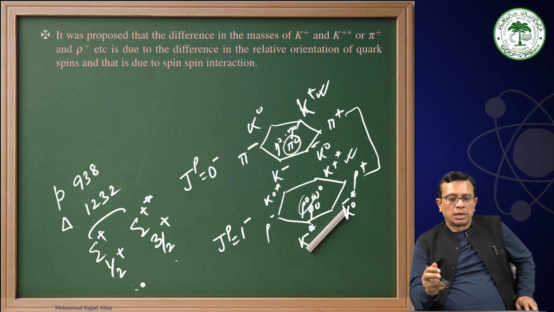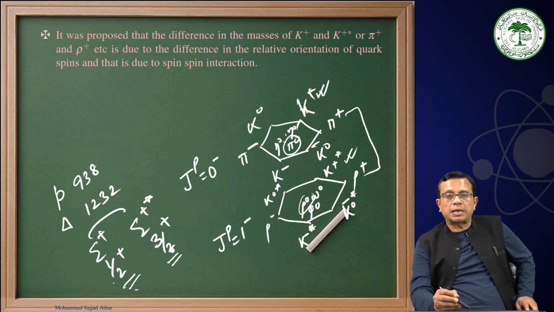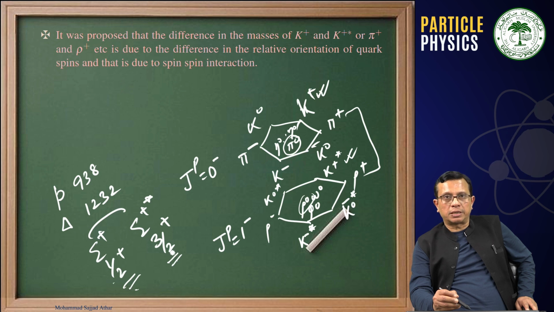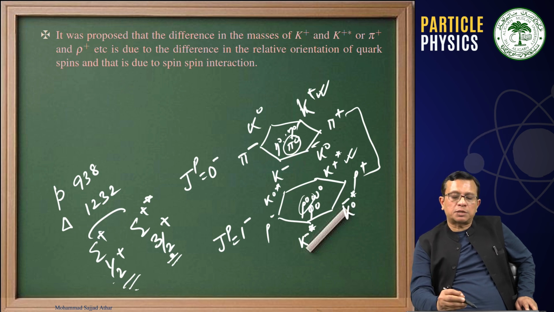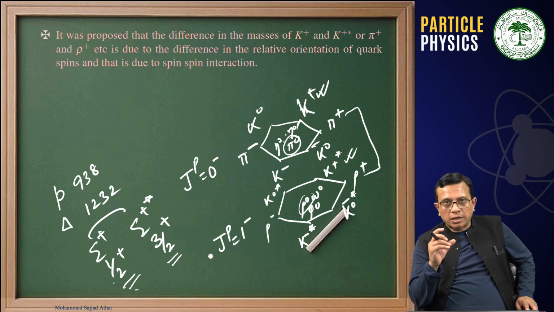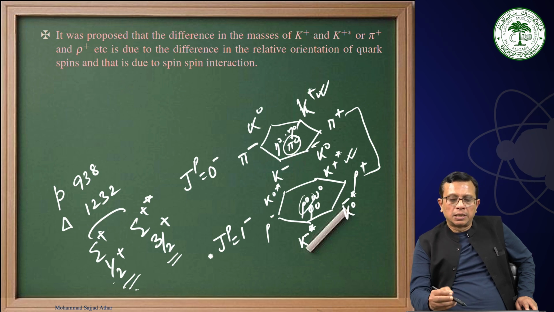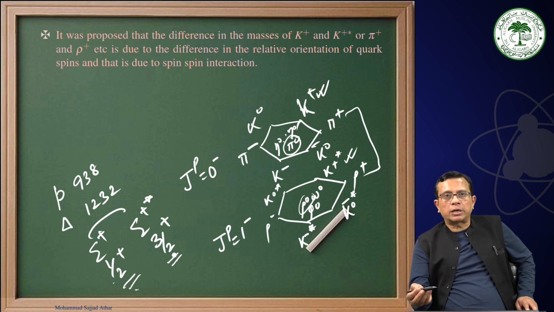what was proposed is that it is actually happening because this is a spin half object and this is a spin 3/2 object. Therefore, when quarks combine to give a total spin half object, or combine to give a total spin 3/2 object, the combination is such that one results in a lesser mass in comparison to the particle which has spin 3/2.